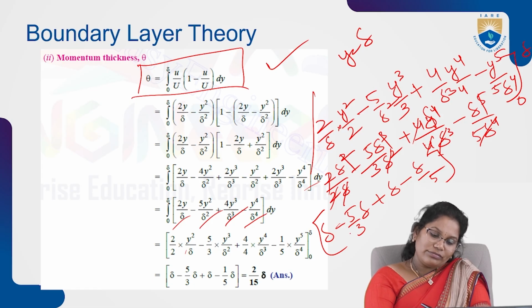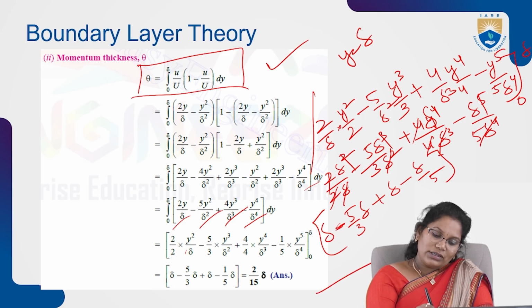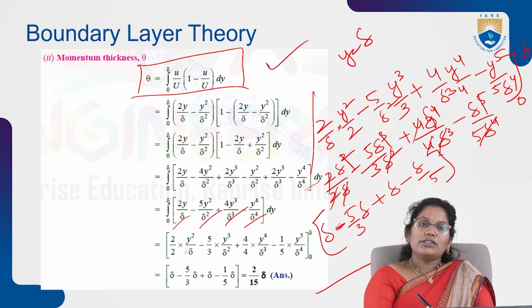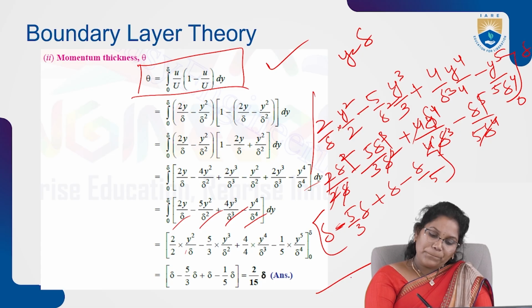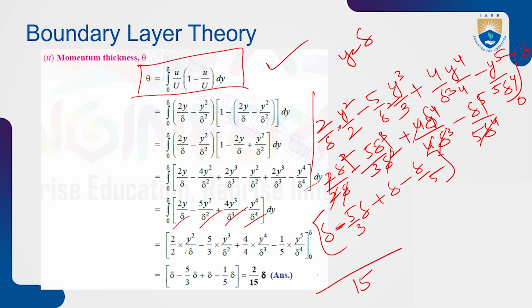Right? So when you do this simplification, you will get 15 as LCM. So this one will become 15 delta minus 25 delta plus 15 delta minus 3 delta. Right? So 15 is constant.